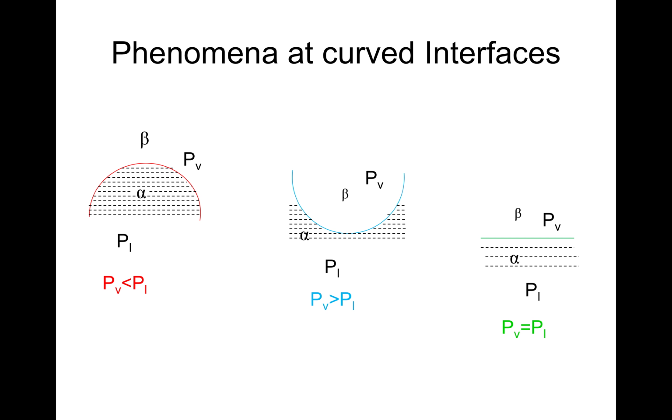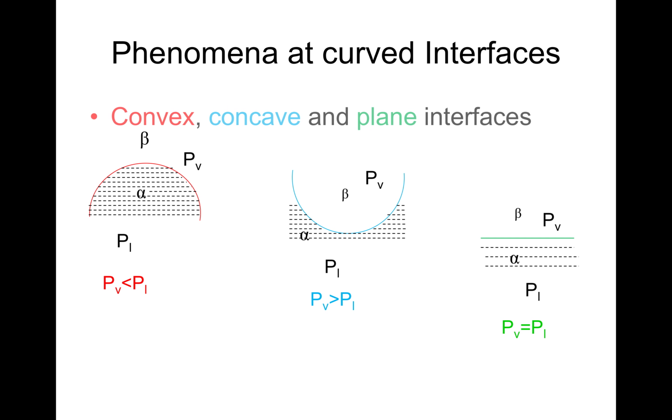Now let us look at phenomena at curved interfaces. At a convex interface, with beta on one side and alpha on the other, it is found that the pressure in the vapor phase, beta, PV, is actually less than PL.